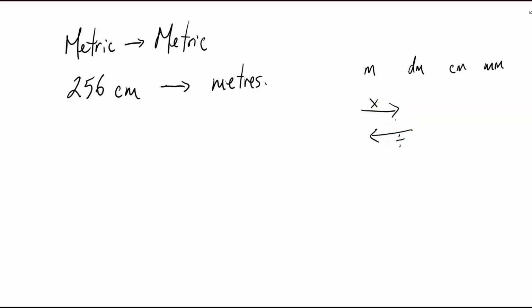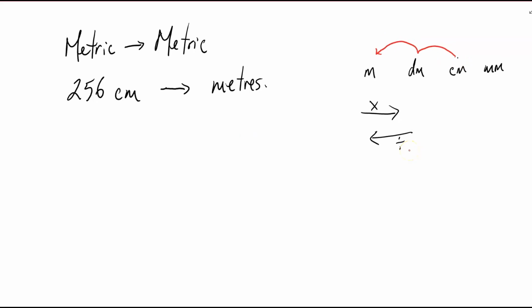We're going from centimeters to meters, right? That means we're going to the left. The number of meters will be less than the number of centimeters because meters are larger, so we don't need as many of them. So we will divide by 10.